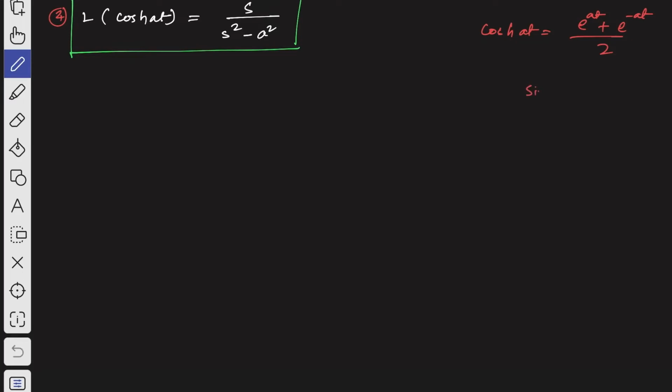And also remember, if you have sine hyperbolic at, then it's gonna give you e to the power at minus e to the power minus at by 2. Remember both. These two are important formulas, so remember these two.